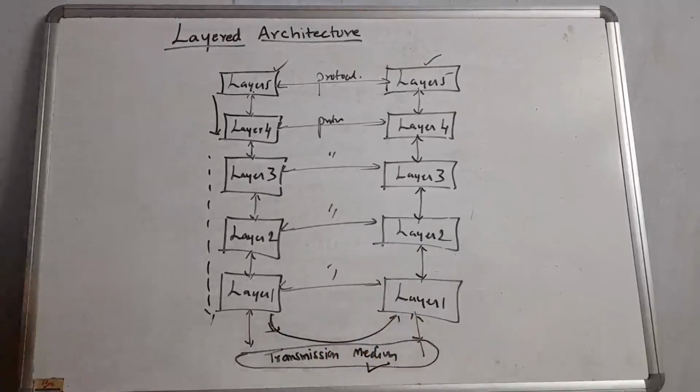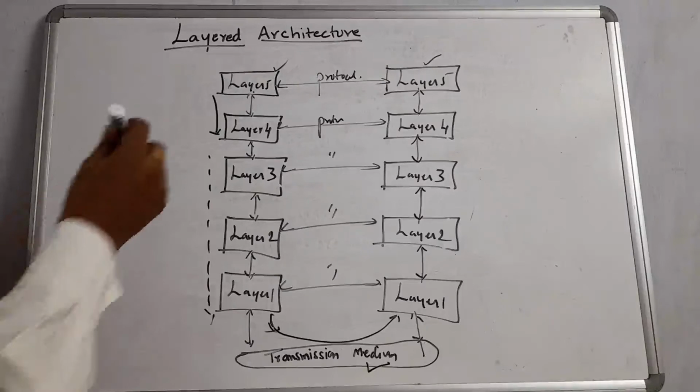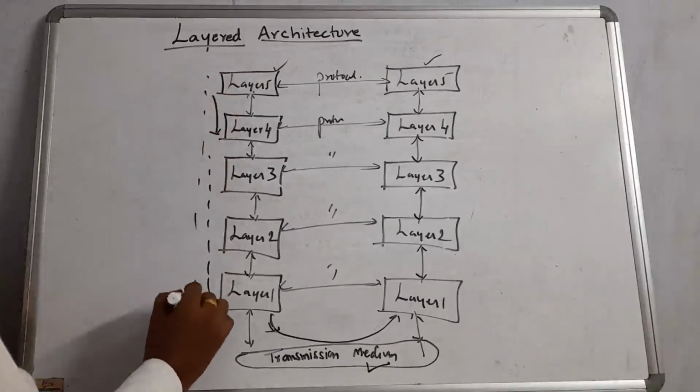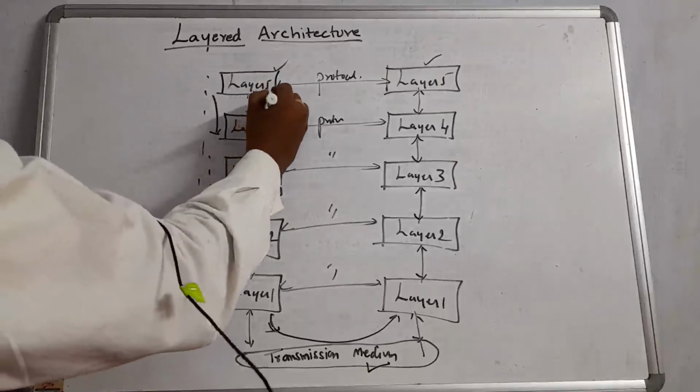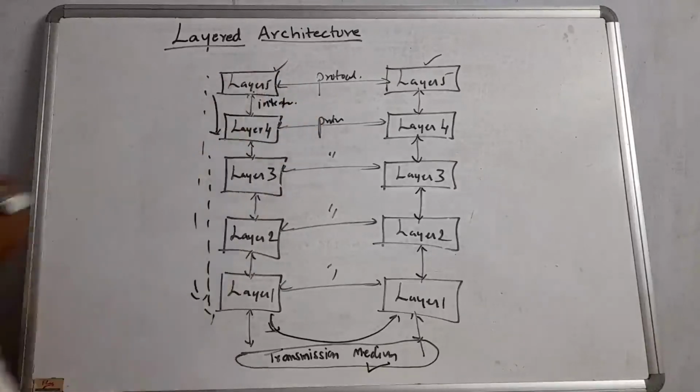In a layered architecture, unmanageable tasks are divided into several small and manageable tasks. The data is passed from the upper to the lower levels through an interface. The layered architecture provides a clean-cut interface so that minimum information is shared among the different layers.